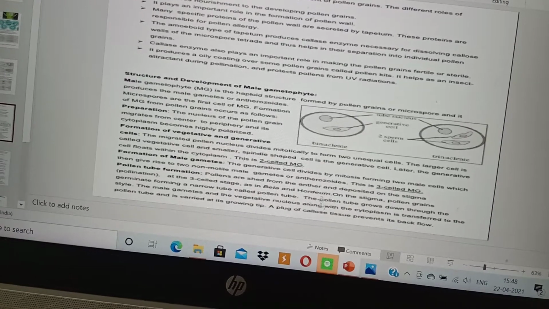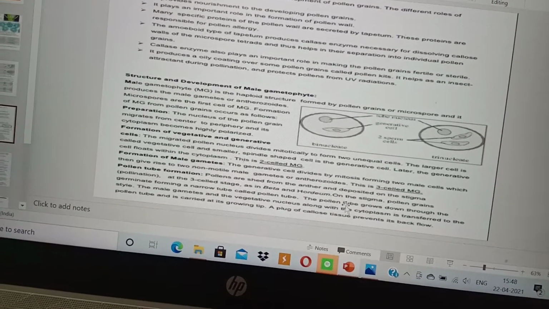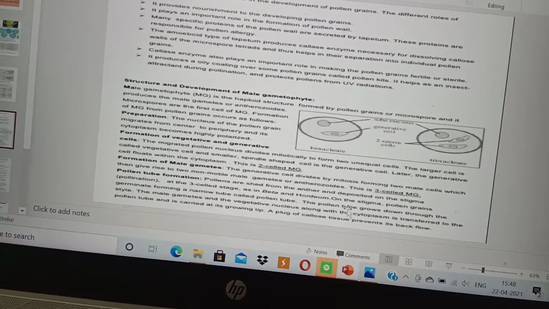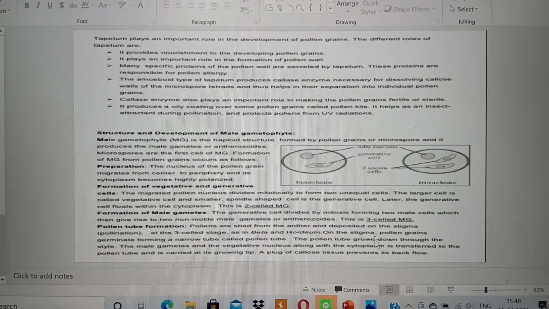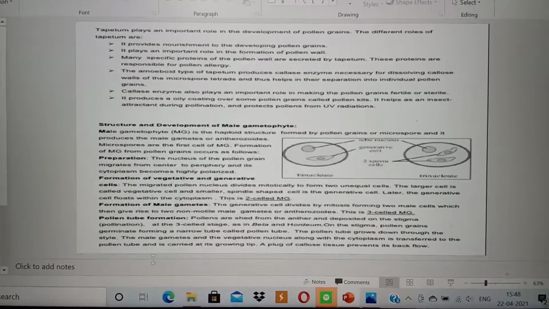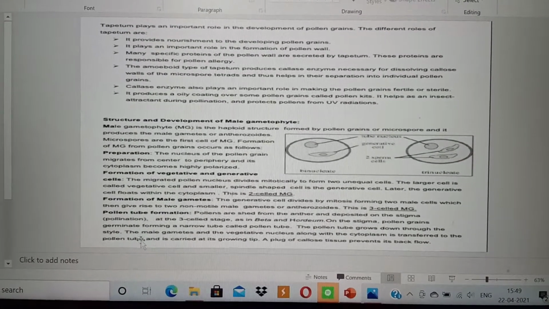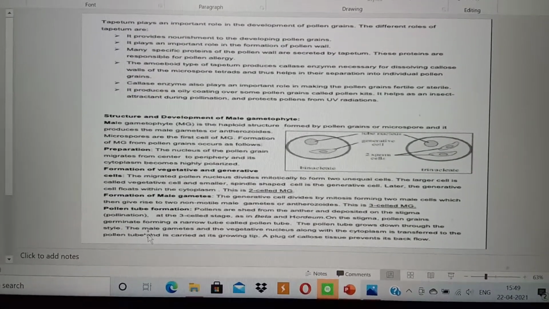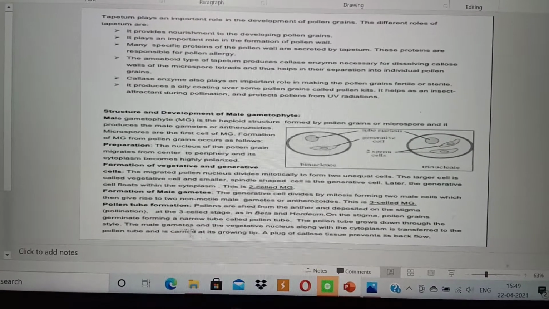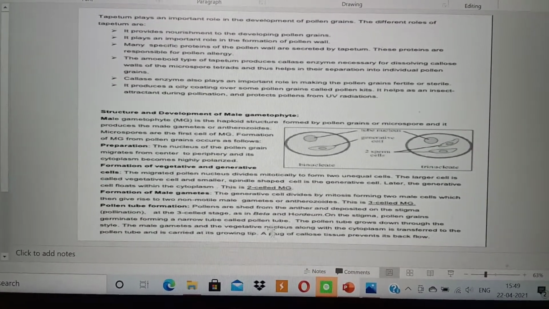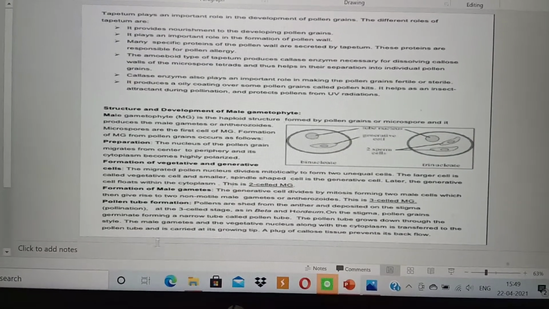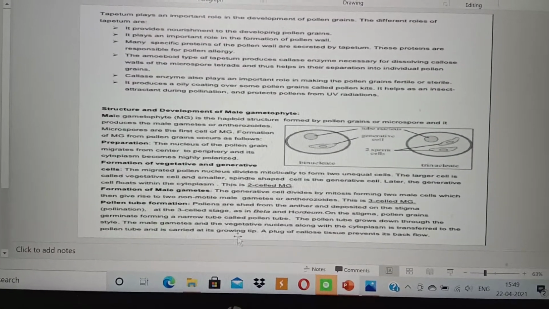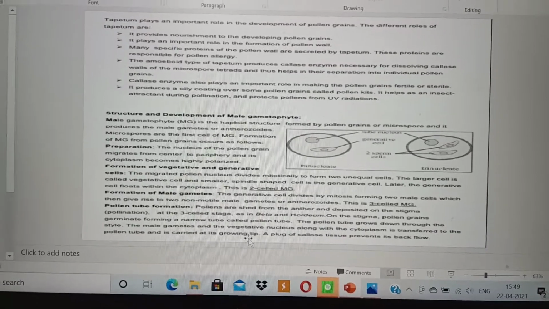The vegetative cell comes out as an elongation called the pollen tube, which pricks through the stigma and grows into the style. The male gametes and the vegetative nucleus along with the cytoplasm are transferred into the pollen tube and carried to its growing tip.